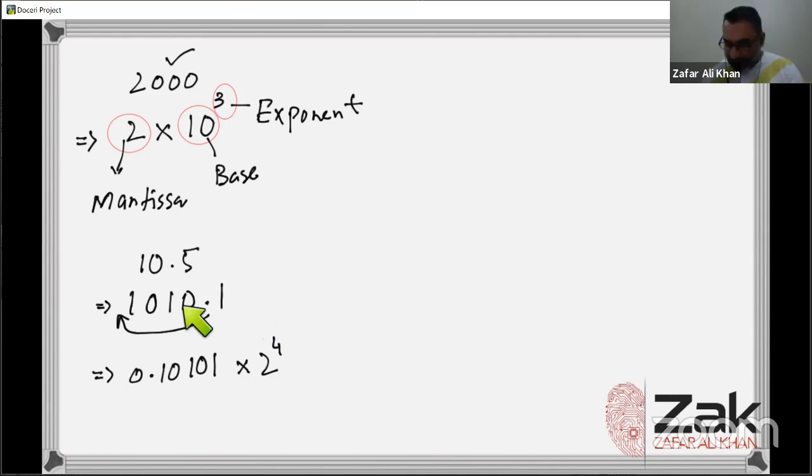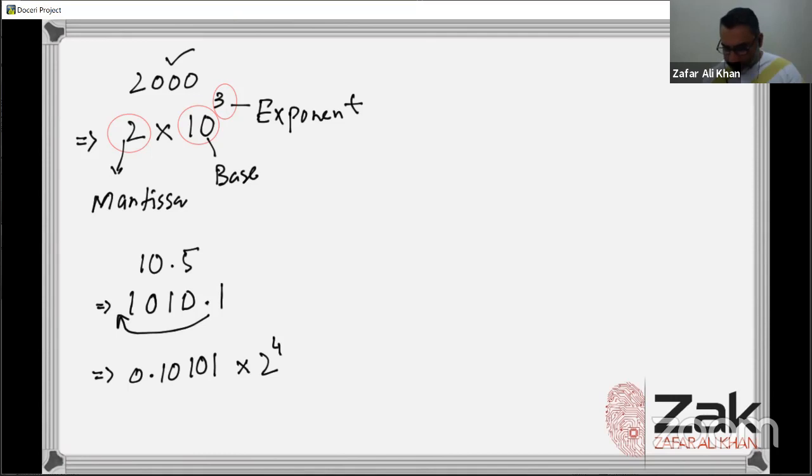That will give us back this number, and from this number we can simply calculate the exact number in denary form. So this exponent implies how many times this point has to move towards the right or towards the left. If it is positive, we will move the point towards the right to get the number back. And if it is negative, we will move the point towards the left to get the number back.